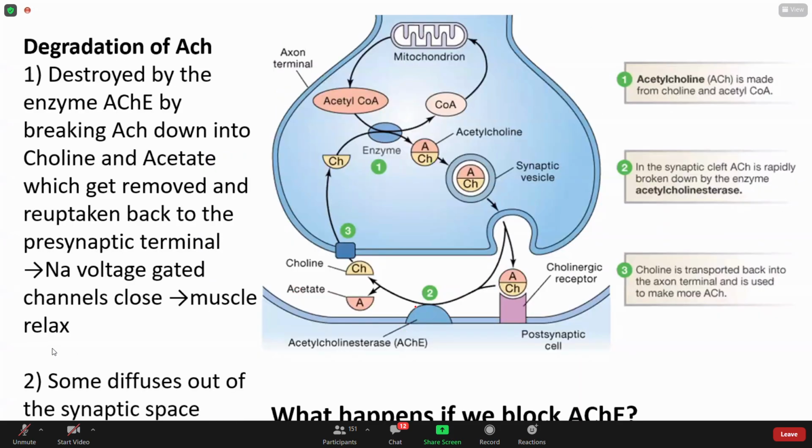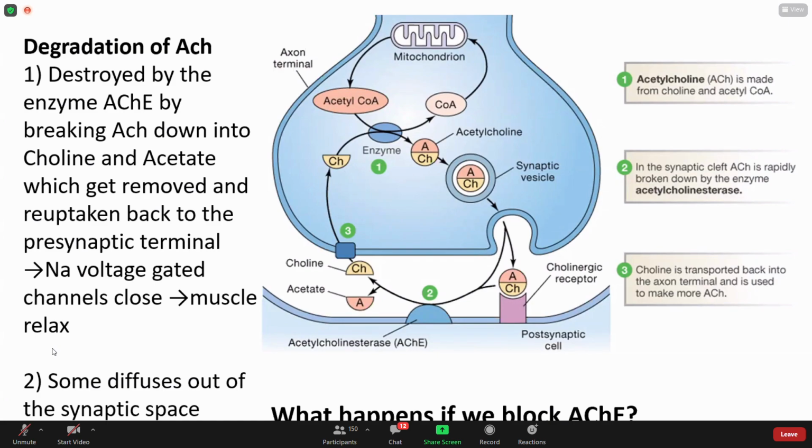Now, after the neurotransmitters have done their job, the neurotransmitter will be recycled, where it will be broken down by the enzyme acetylcholinesterase into choline and acetate, and will be reuptaken again to the presynaptic terminal, where it will be synthesized again into acetylcholine and fill the synaptic vesicles again, ready for another round of synaptic neurotransmission.